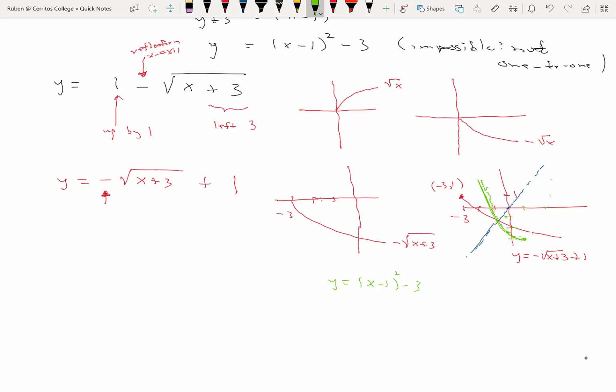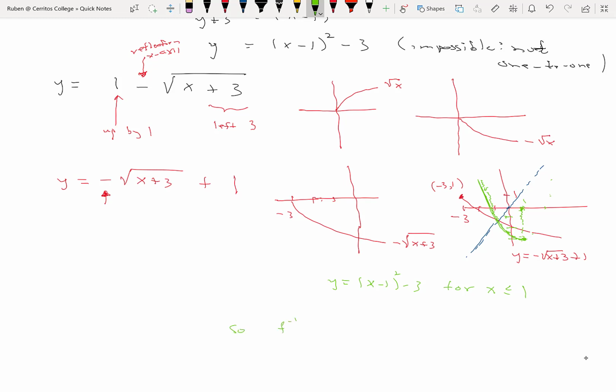In order for the green function to be the inverse, I need to restrict the domain of the inverse to x less than or equal to 1. That will get me the left branch of my parabola, and I will have an inverse.